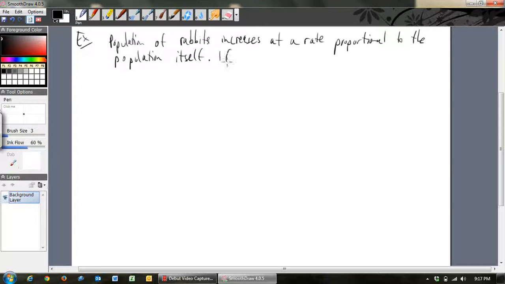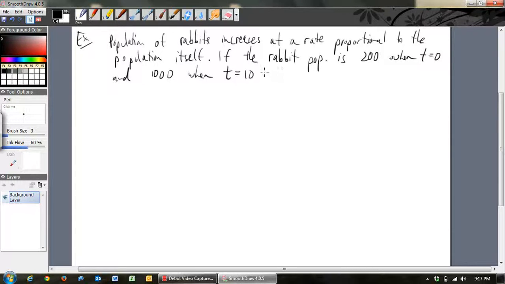Okay, if the rabbit population, I'm just going to write pop if that's okay, is 200 when time equals 0 and 1000 when time equals 10, and I'll just say years.